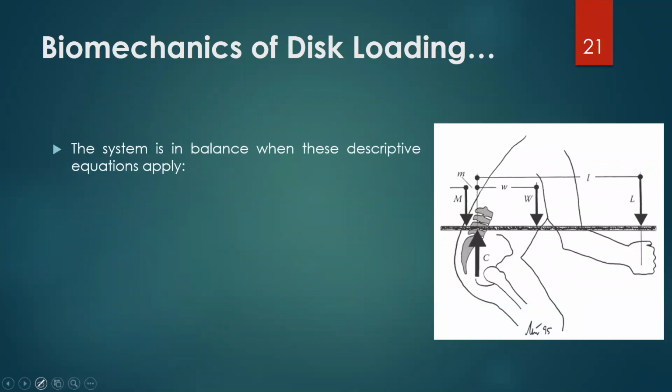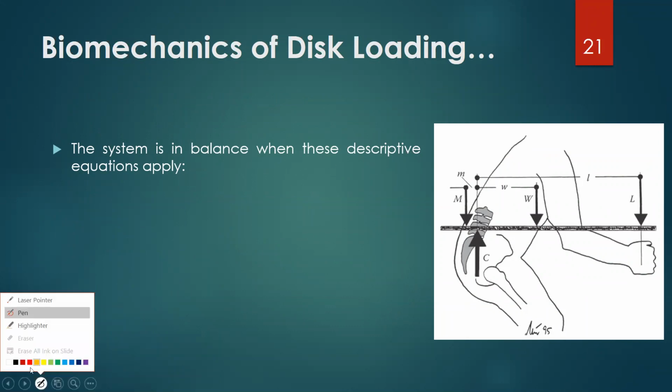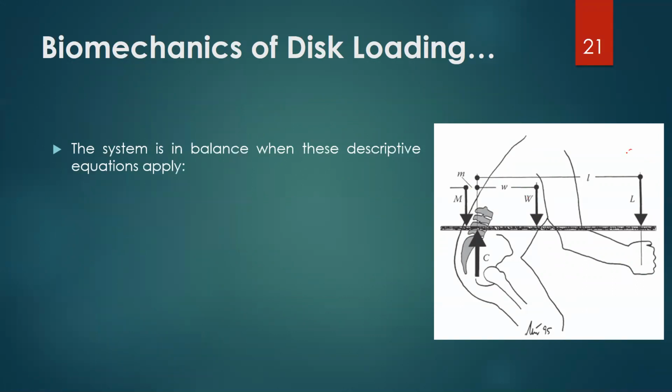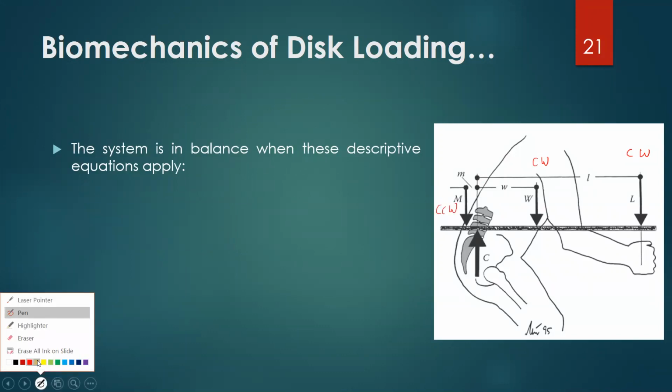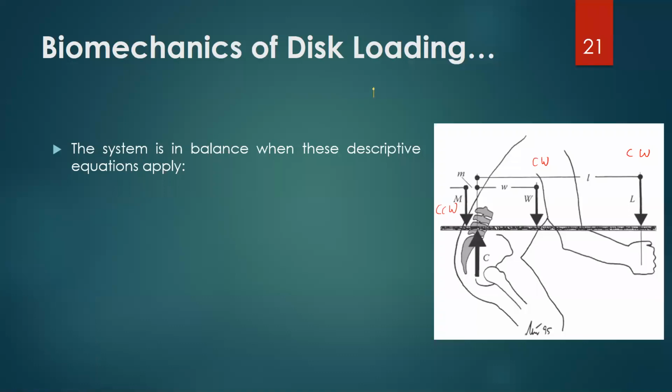So if we use the equation of torque, as we saw, these two torques are clockwise, and the torque because of this muscle force is counterclockwise. So simply this counterclockwise torque should be equal to the sum of clockwise torques.